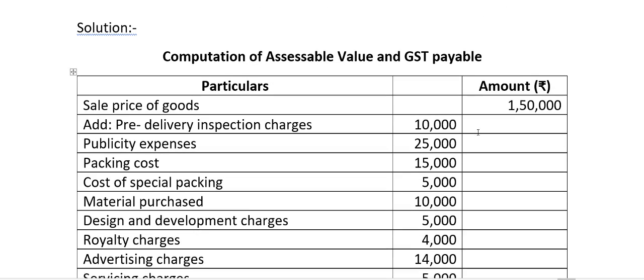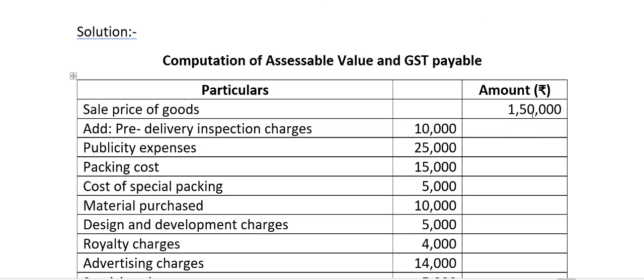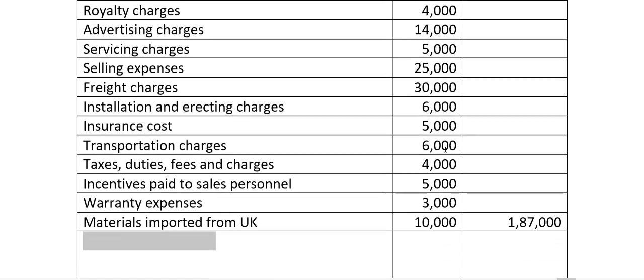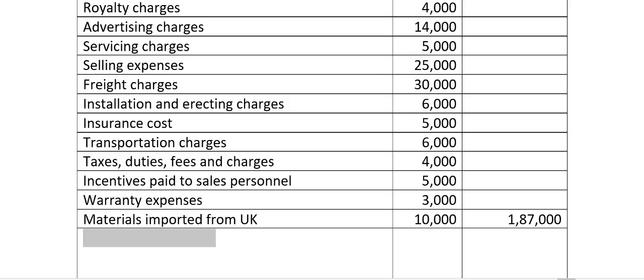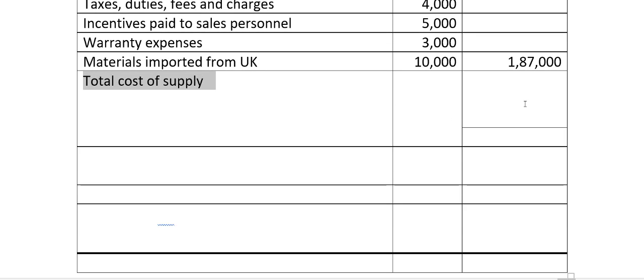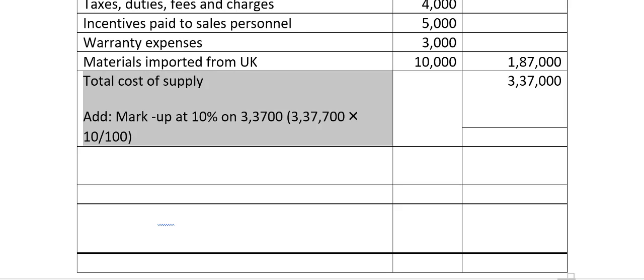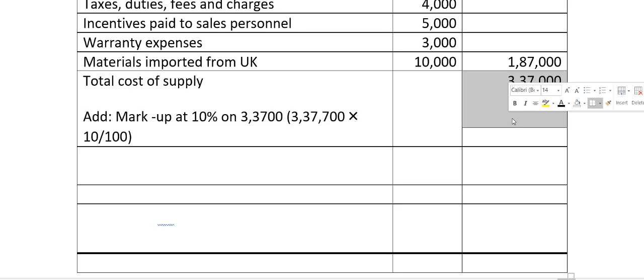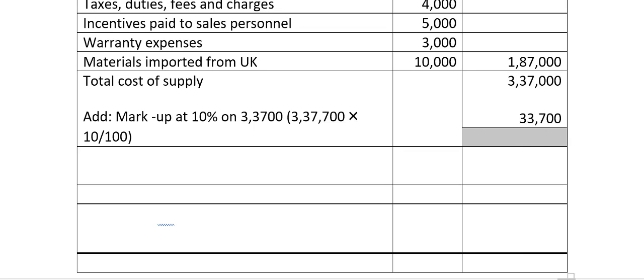When you add 1,50,000 plus 1,87,000, you will get total cost of supply. What is the amount? The amount will be 3,37,000. On this, you have to add your markup margin, which is 10% on this 3,37,000, that will be 33,700.